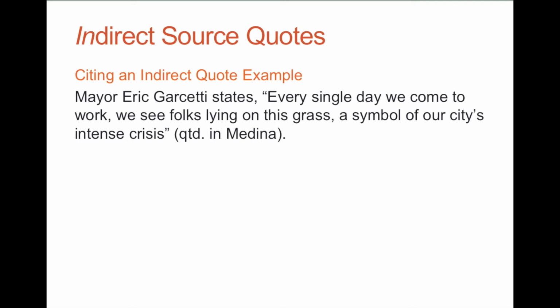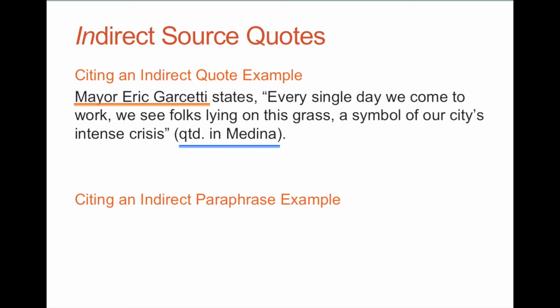Now you notice here that we've introduced who's about to be speaking the quote, then we've given the quote, and then we use the abbreviation quoted in Medina, because Medina is the author of the article where we found this quote. Medina would be who is listed on the works cited page at the end of our essay.